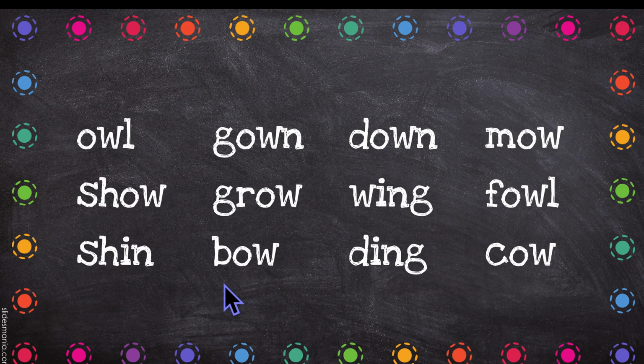Let's try it with the ow sound now. B-ow, bow. This word can be pronounced either way and means two different things. With the O sound, bow is like a bow and arrow. With the ow sound, bow, it's like what a person does after performing in a play or singing.